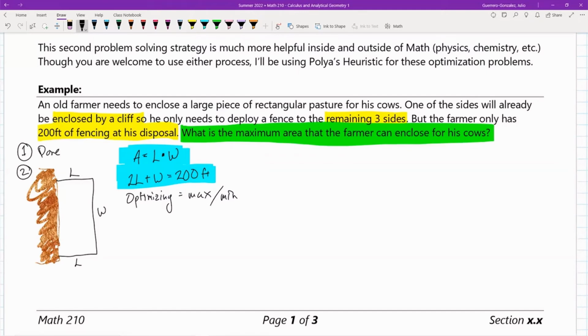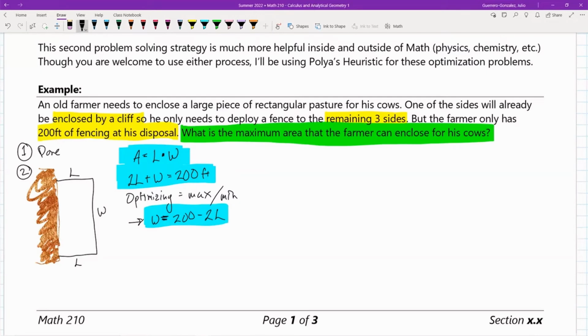I have the constraint equation, okay? So therefore, I can say that my W is 200 minus 2L. So I've restated this equation for my constraint, right?